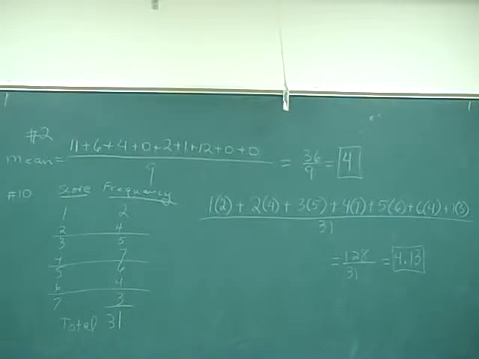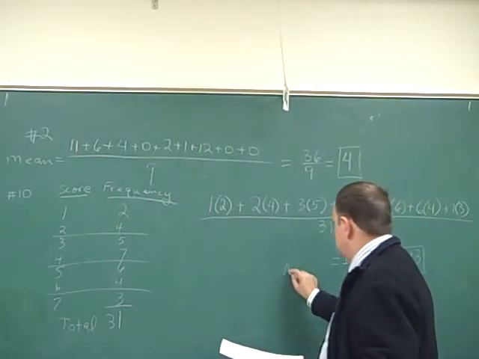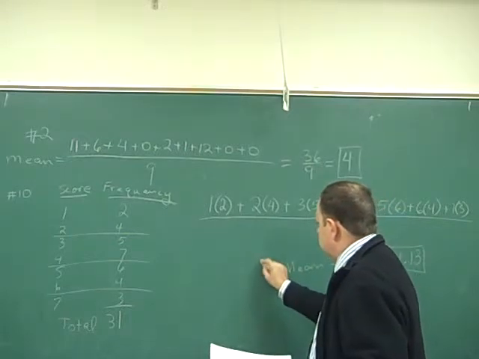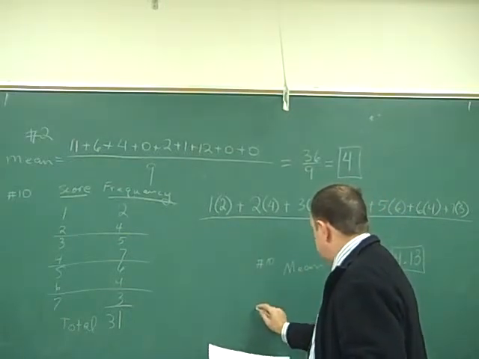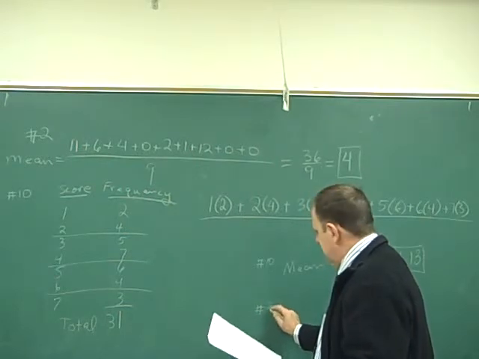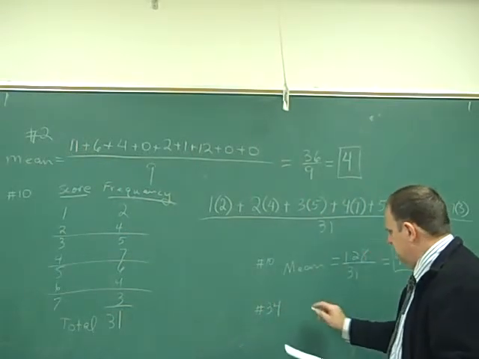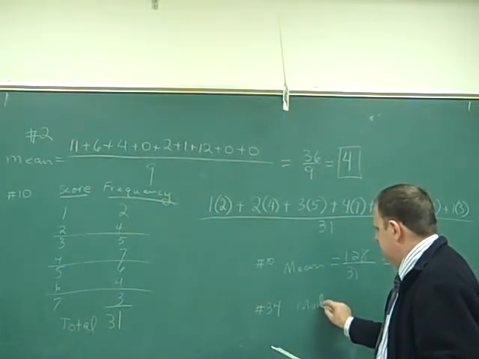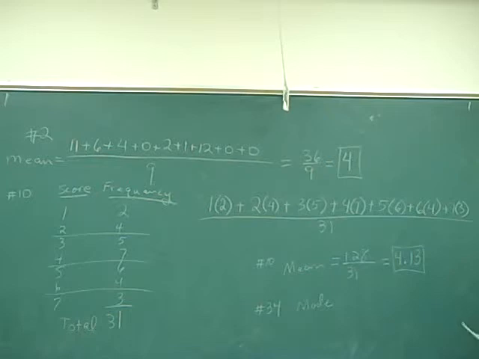Okay. Now, let's take a look at this same table. This is our mean, and this is problem number 10. Now, going down to problem number 34, we want to find a mode. For problem 34, it says we want to find the mode of the data items in the frequency distribution, exercise 10.